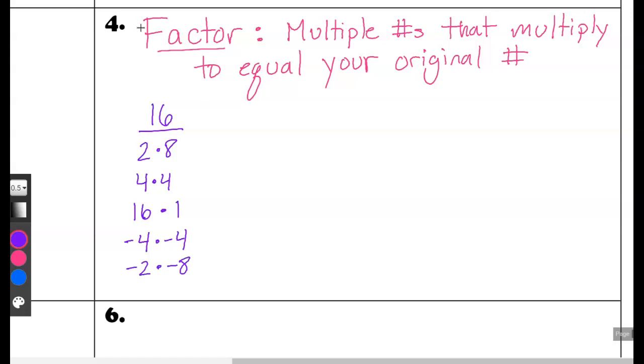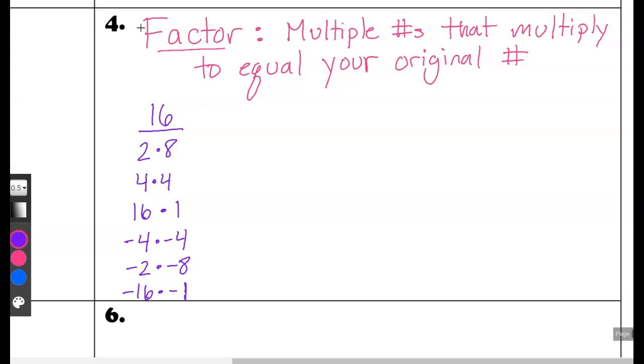What else? One last one. -16, -1. When we are factoring quadratics, we also need to consider these negative factors as well.